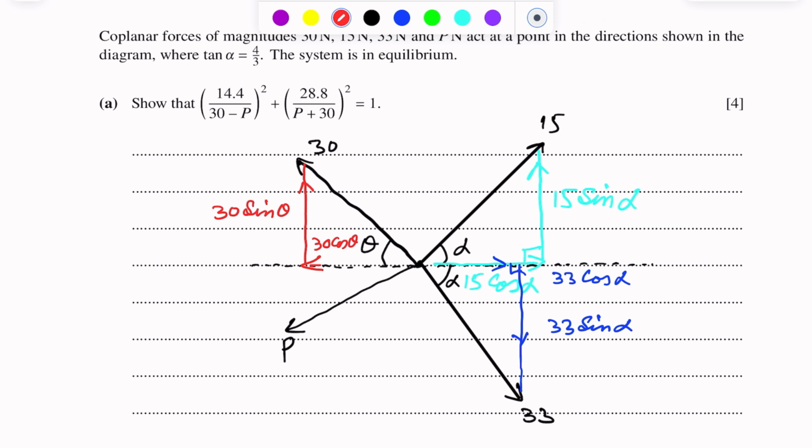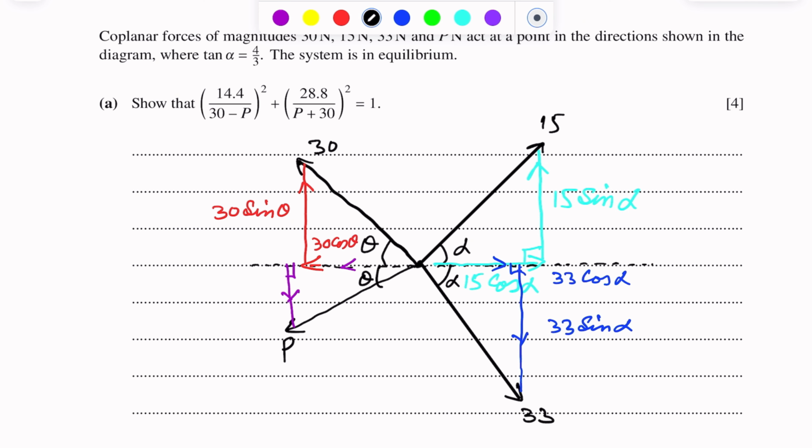And now we resolve this force of P Newton. These are the components. This angle is 90, and this angle is theta.